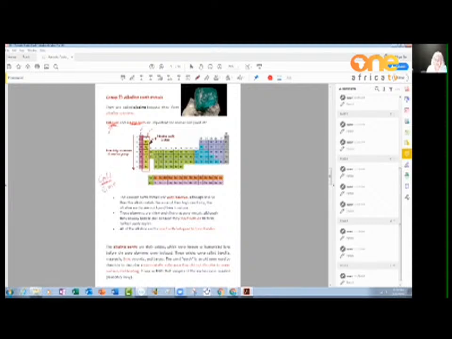In fact, in the past, because it's so common to find them locked in compounds, especially their oxides, they used to be called alkaline earths. And the early scientists, from the 17th century and before Mendeleev, thought that the alkaline earths were actually the elements.